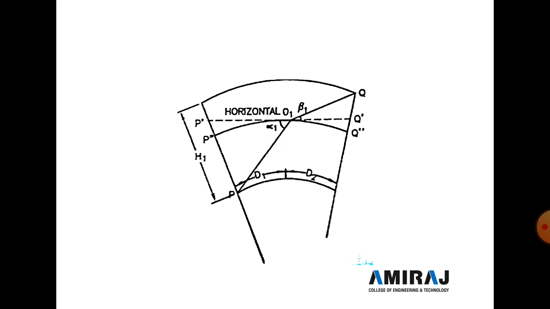First set up the instrument, then level it, then complete the focusing, and after that measure the vertical angle alpha 1 at station P. This angle we measure from the O1 point, the midpoint of PQ; we bisect the P point and measure the vertical angle alpha 1, and also measure the horizontal distance between P and O1, which is the horizontal distance d1.